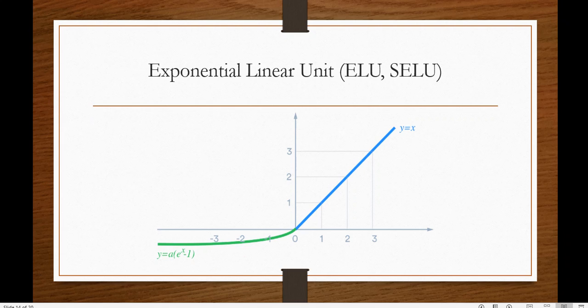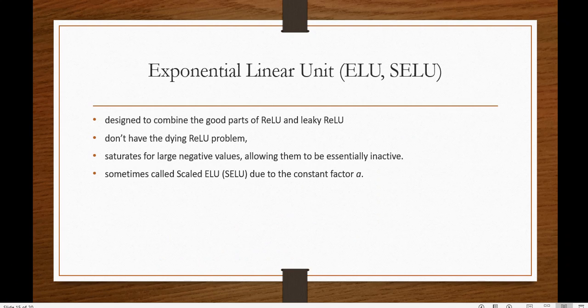In leaky ReLU and parametric ReLU, it was only some constant value or parameter value that I multiplied with x to calculate y, but here it is not linear, because I am using an exponential function. So you can see this green line is not a straight line, but a curve. That is the difference with leaky ReLU.